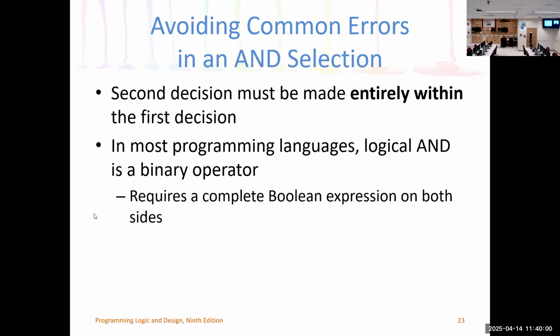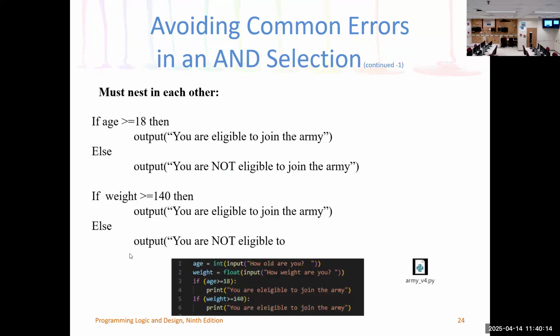That's why they call it nested. That means you have to put it entirely within the first decision. In most programming languages, logical AND is a binary operator. It requires a complete Boolean expression on both sides. So you avoid some common mistakes in the AND selection here.